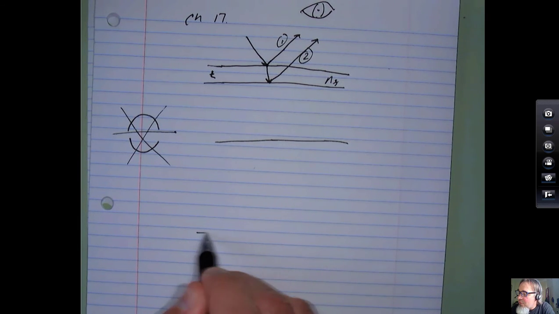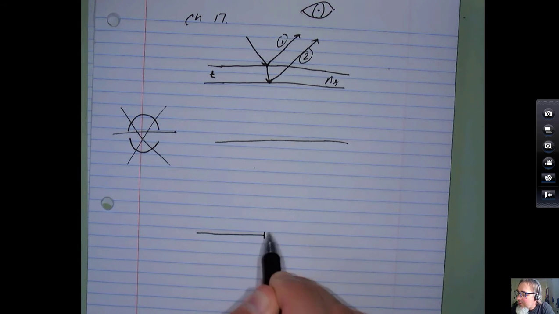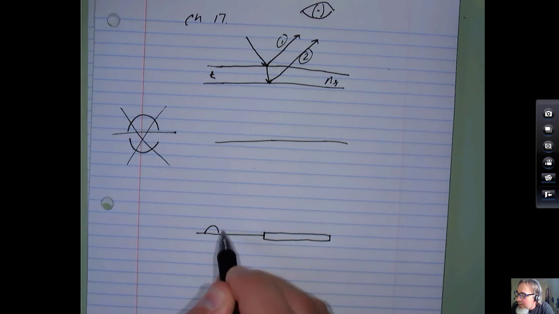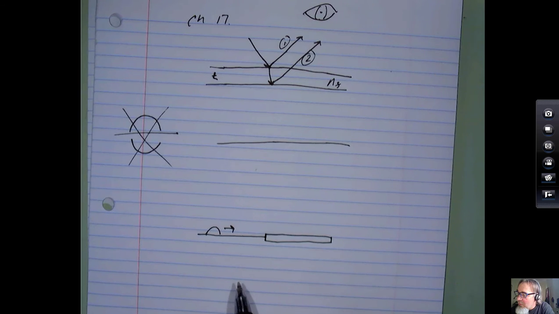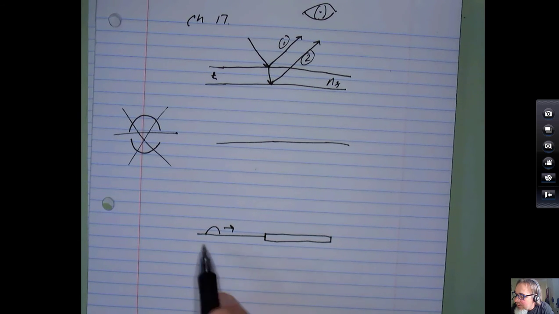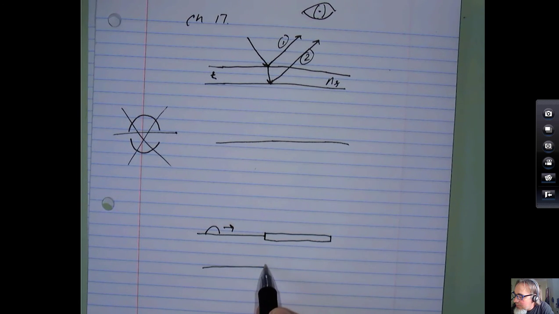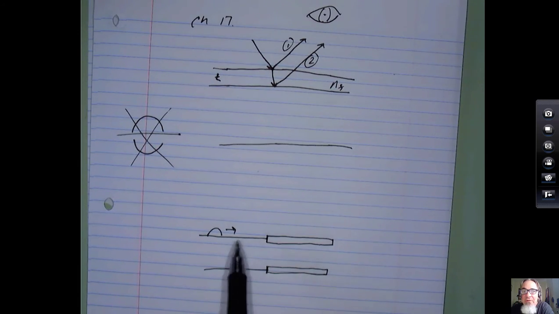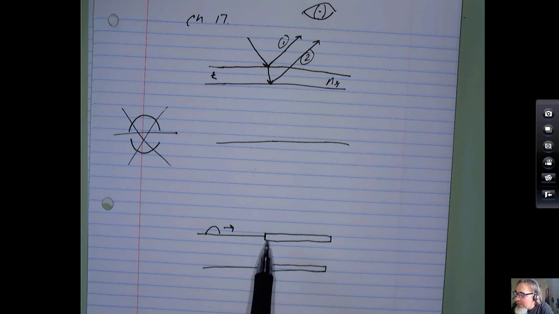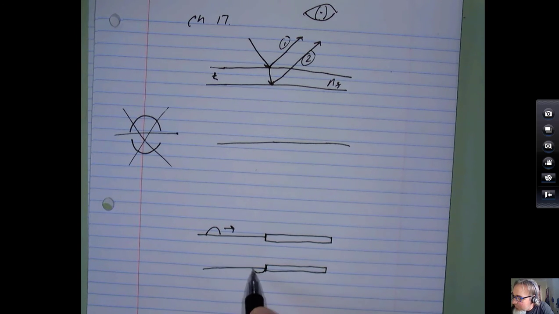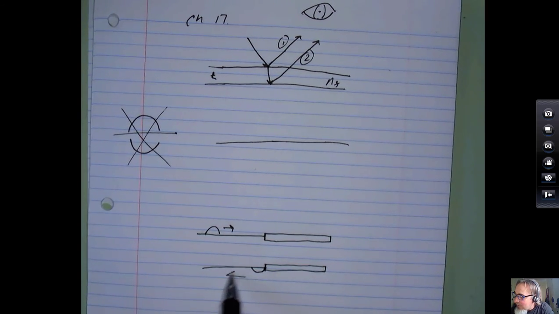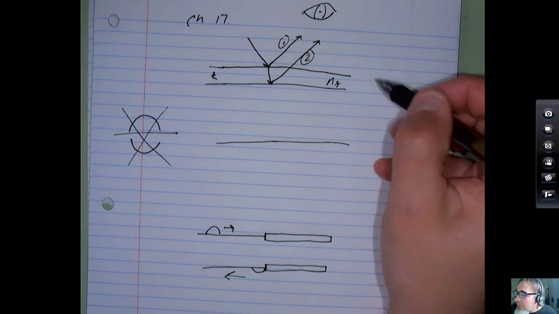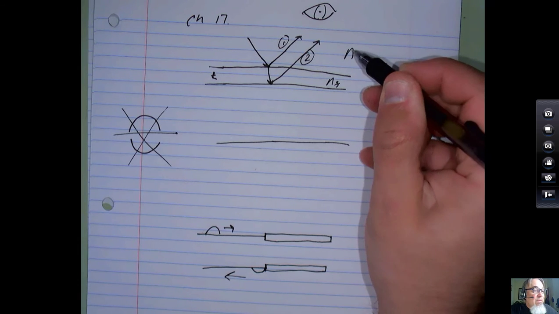If you have a thin rope attached to a thicker rope, and you send a pulse down the thin rope, when it reflects at this interface, that's what I'm trying to illustrate here, you flick the rope, the pulse goes this way, hits, and would actually flip upside down and come back this way.